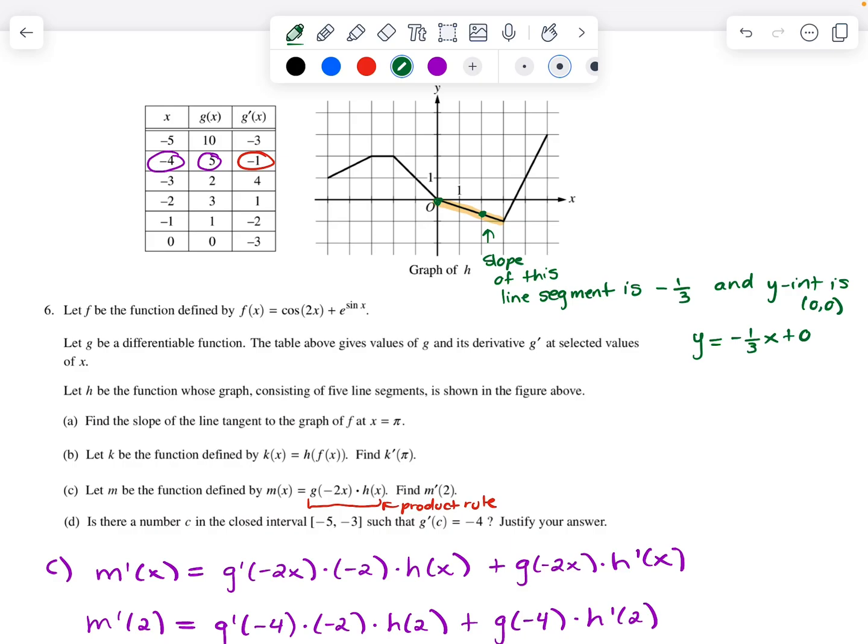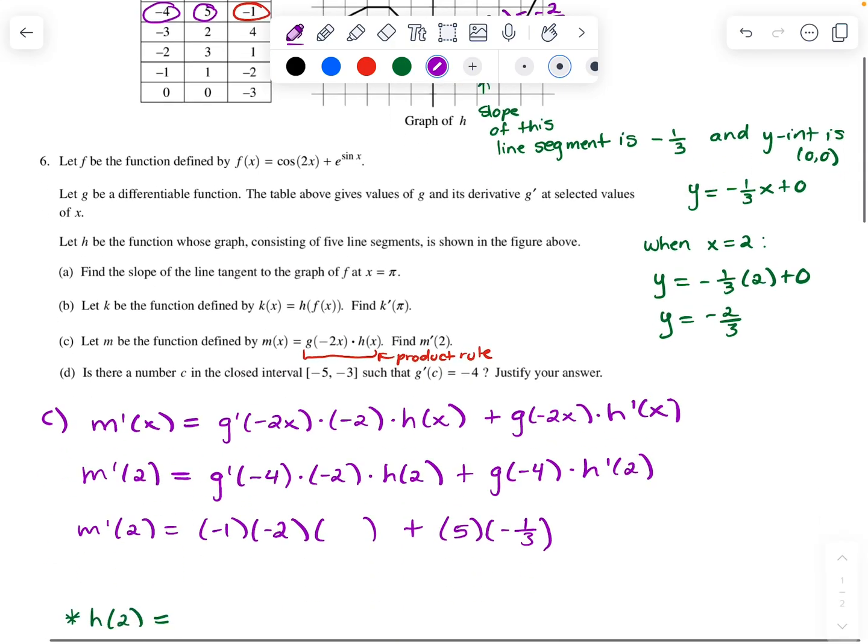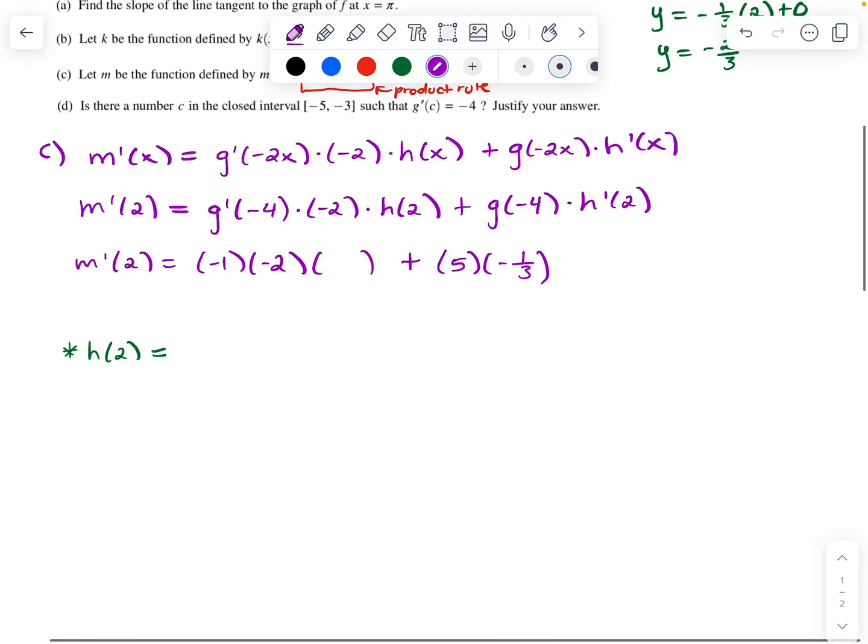And so now I can use that to say, okay, when x is 2, y is going to equal negative 1/3 times 2 plus 0. So that means the y-coordinate is negative 2/3. So I know that h of 2 is negative 2/3.